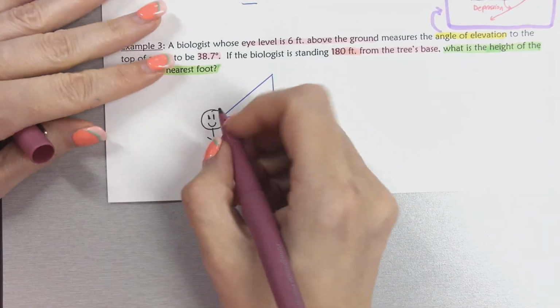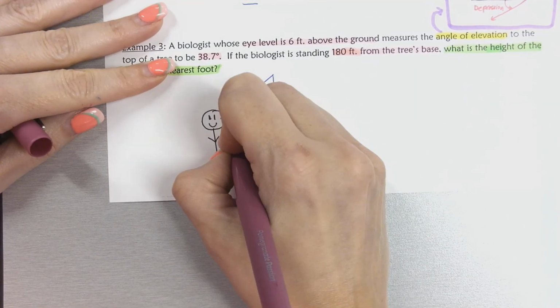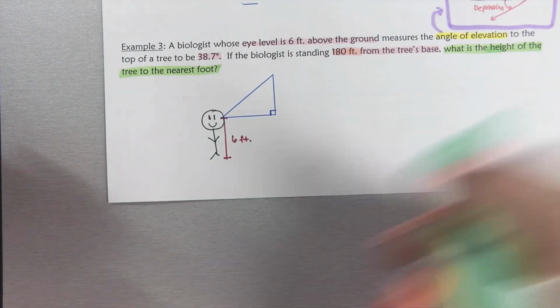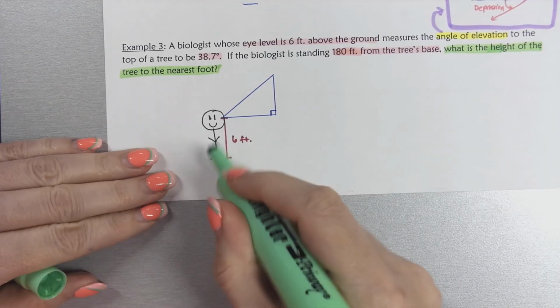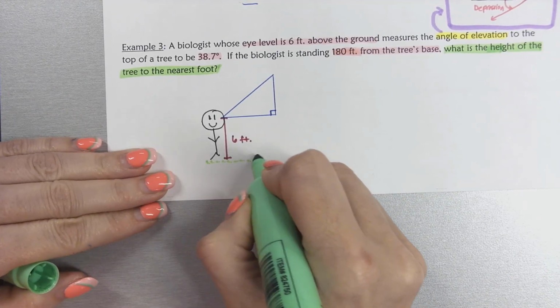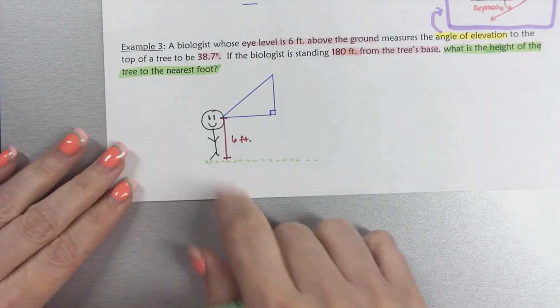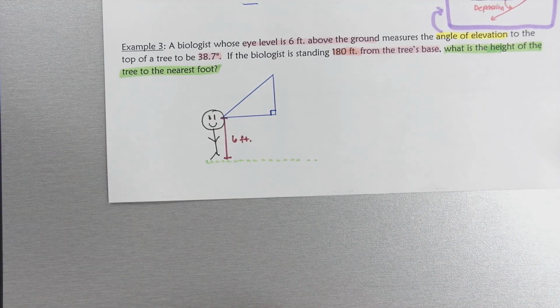So I know from the eye level to the ground is 6 feet. All right, and then where is he looking to? The top of the tree.